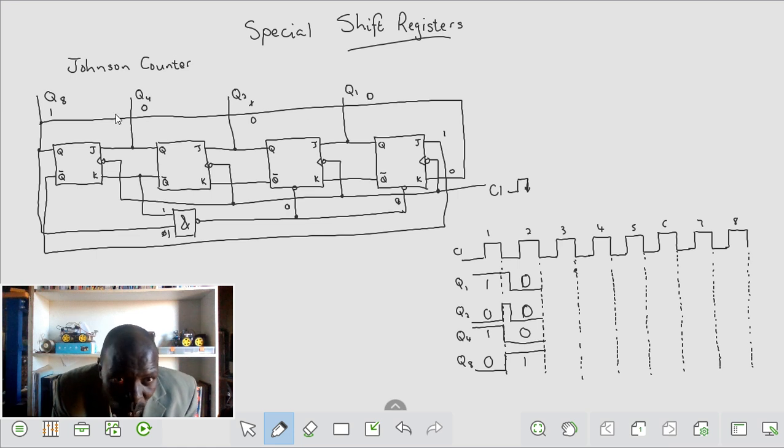Now we have 1 0 0 0, and what happens now? That 1 is fed here, and obviously that's a 0. This 0 is fed there. What happens next is that 0 goes to Q8.